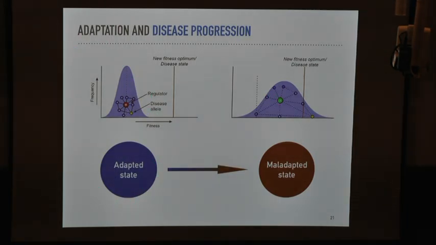This can happen with a change in environment, meaning a change in diet or nutrition for human populations, or new mutations that can arise in the regulators of phenotypic robustness. You then see a maladapted state where a certain proportion of the population starts expressing the disease phenotype. And this is what we think.